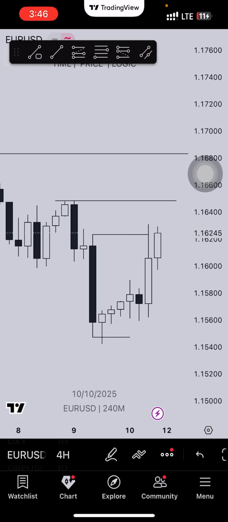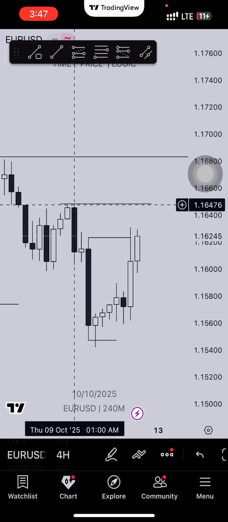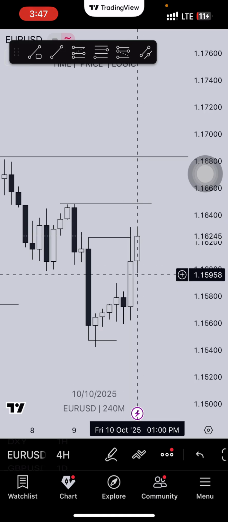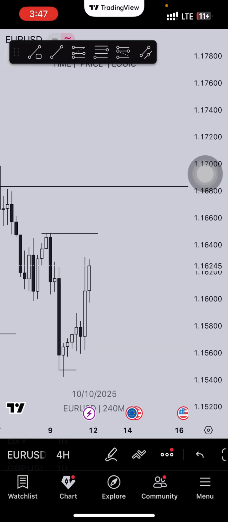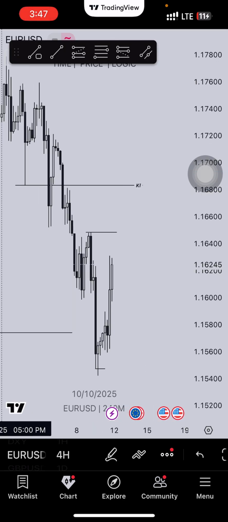We left the fair value gap open, right? And mind you, this high right here is the daily CRT high. So I'm looking for price to move higher to complete this daily CRT high on Monday, right? So looking at trades to push higher to complete this, and then subsequently to this key level right here. So that's just basically it.